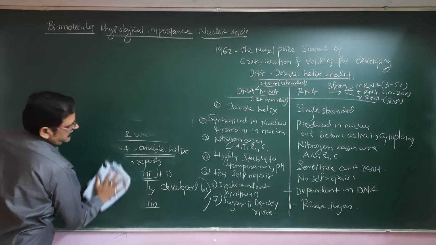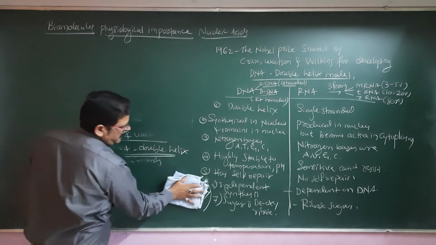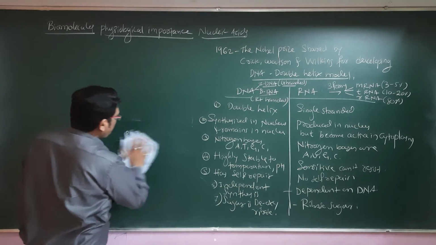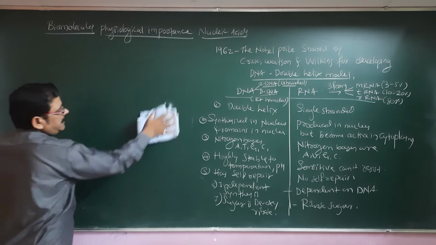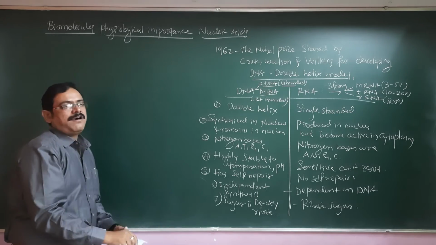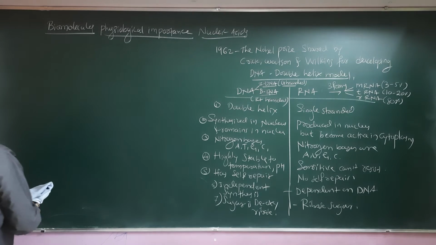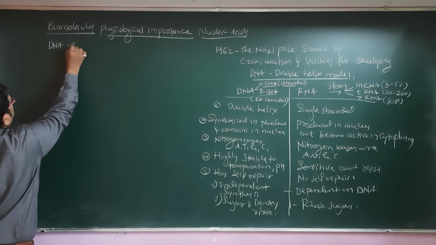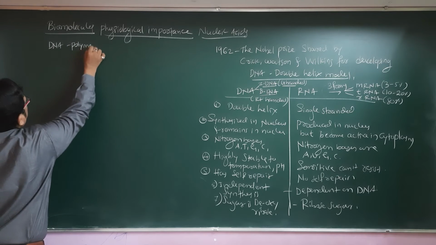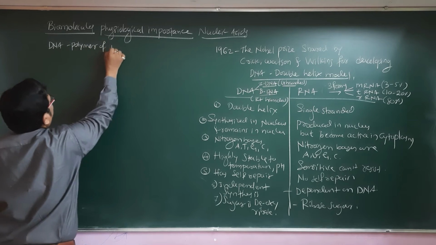We have to understand the phosphodiester bond, what it actually is and how it is arranged or found. As such, DNA is a polymer of nucleotides.